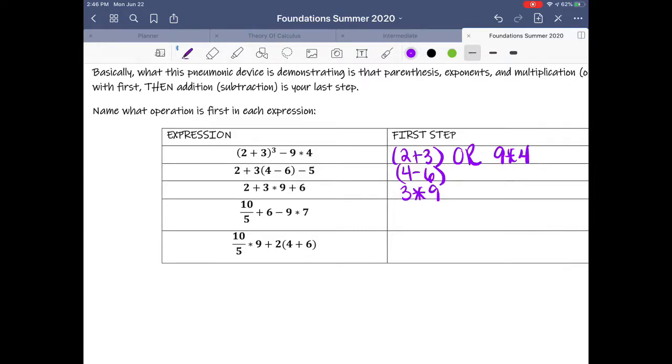In the next one, you have two options. We do have division and we do have multiplication. So you could do either one first. You can choose. And then in this last one, we've got division, we've got multiplication, and we've got this parentheses.